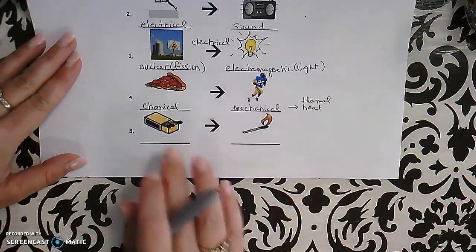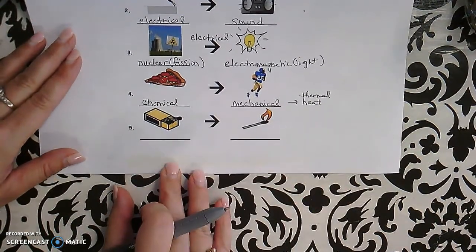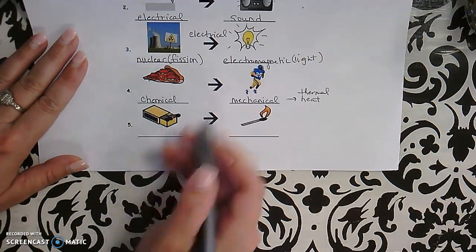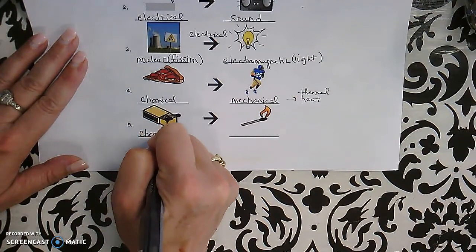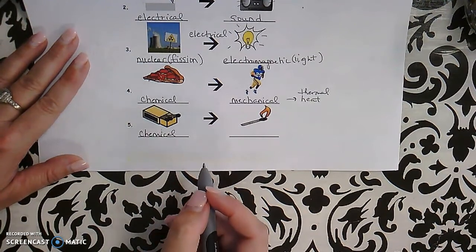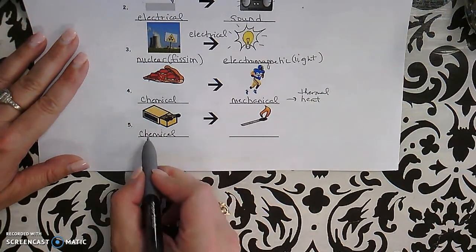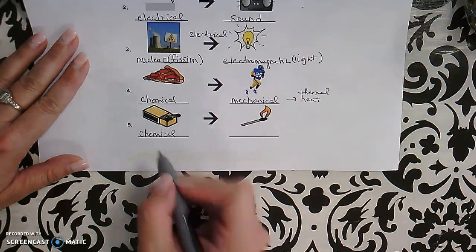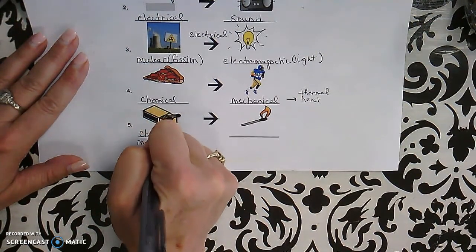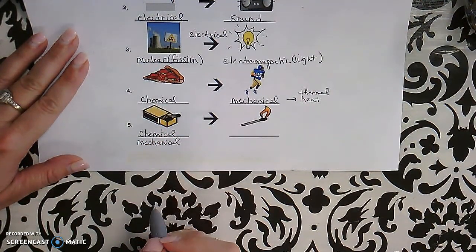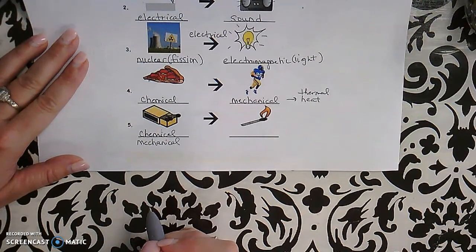All right, now last, this one is a big one right here, so let's talk about this. We have the matches. The ends of the matches are coated in a chemical, but those matches could sit in that box all day long and they're not going to ignite. So we have to have the chemical energy on the ends of the matches, but we also have to have the mechanical energy of striking the match in order for it to ignite.